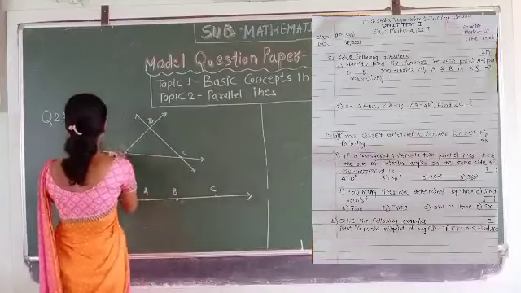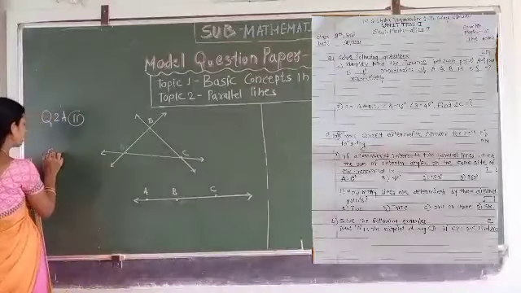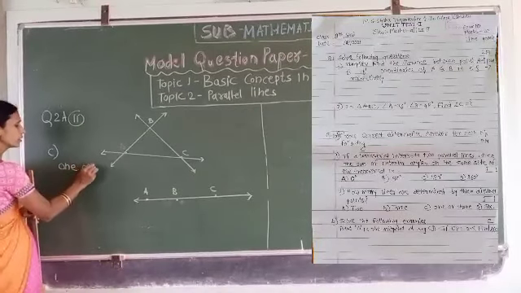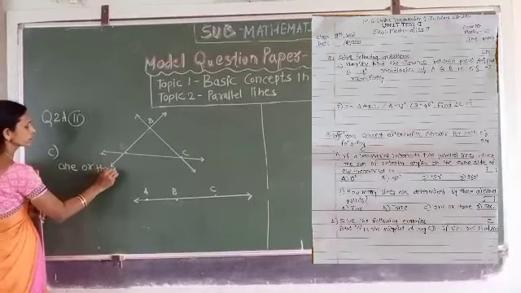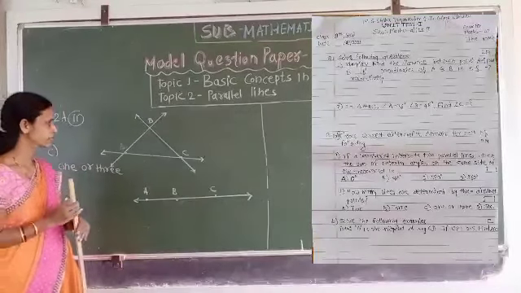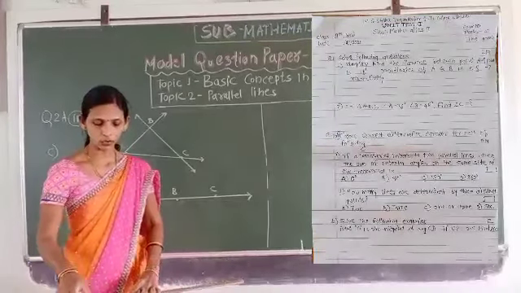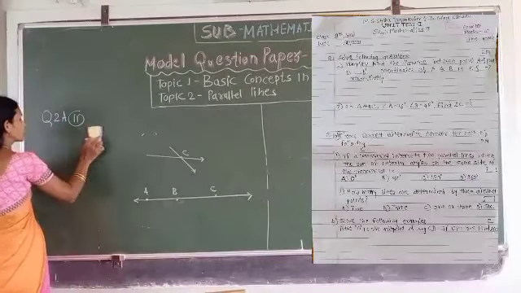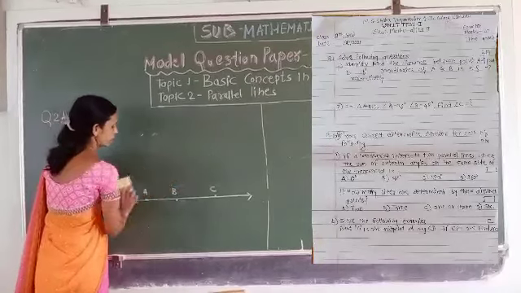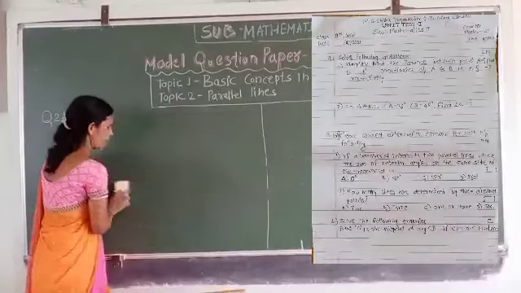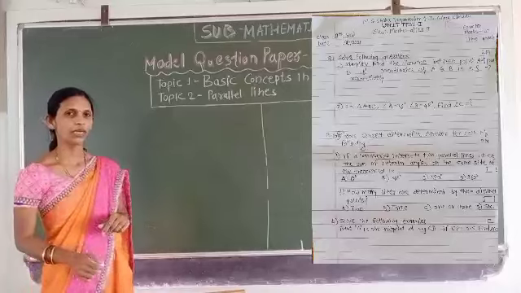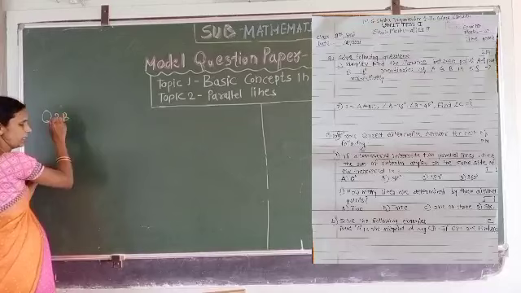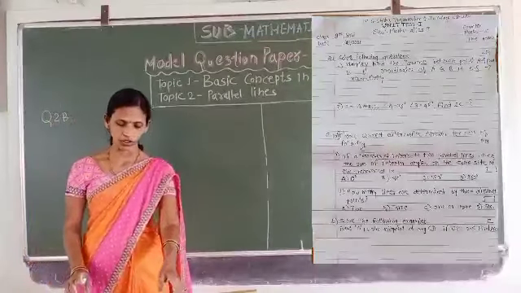Therefore option C is correct, because we can draw 1 line or 3 lines. That is the correct alternative for the MCQ given in question number 2A. Then we will solve question number 2B.